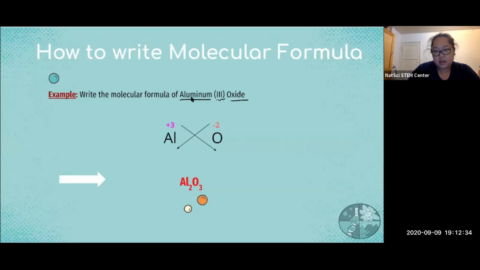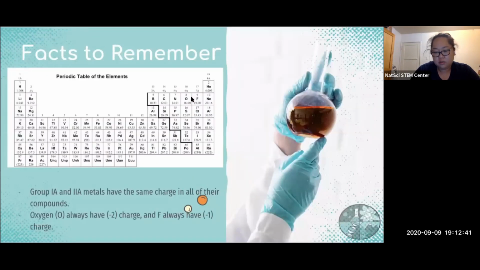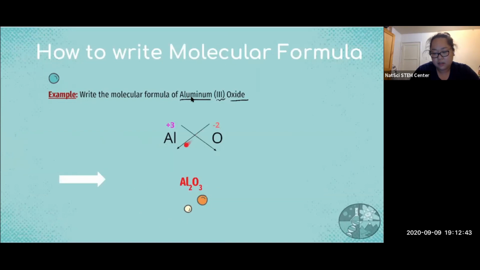Oxygen here has a 2- charge. So what you'll do is cross them. This is a technique. You'll cross the numbers. You'll put a 2 on aluminum and a 3 on oxygen. So then your product will be aluminum 2, oxygen with a 3.